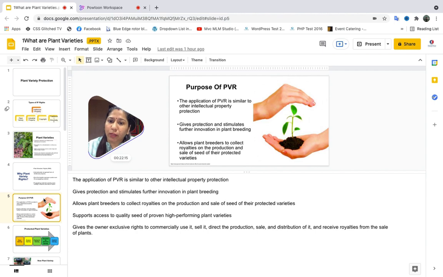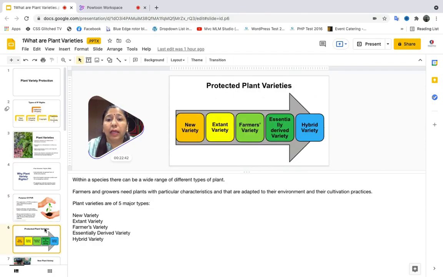So when that person sells their seeds, they'll gain royalty, and the buyer will have access to a proven, high quality variety of seeds. Now it also gives the owner an exclusive right to commercially use it, sell it, and direct the production, similar to other intellectual properties. Now, the next question arises, what sort of varieties are protected?